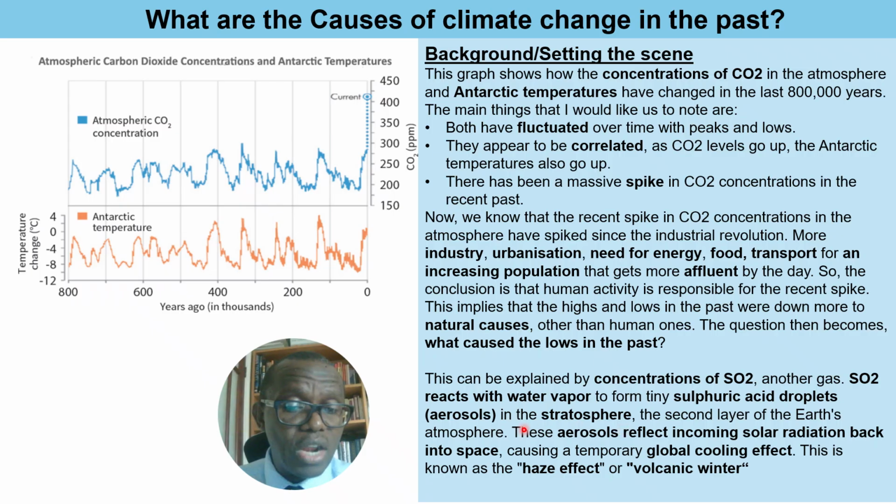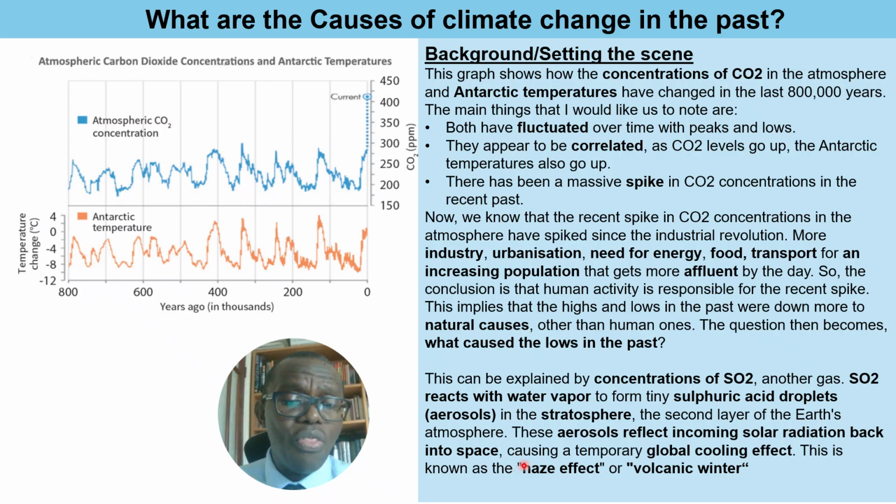And these are normally present in the stratosphere. Now, the stratosphere is the second layer of the Earth's atmosphere. These aerosols reflect incoming solar radiation back into space. So as the solar radiation comes in, so we have shortwave radiation trying to come in, it's reflected back into space by these aerosols that are now in the stratosphere.